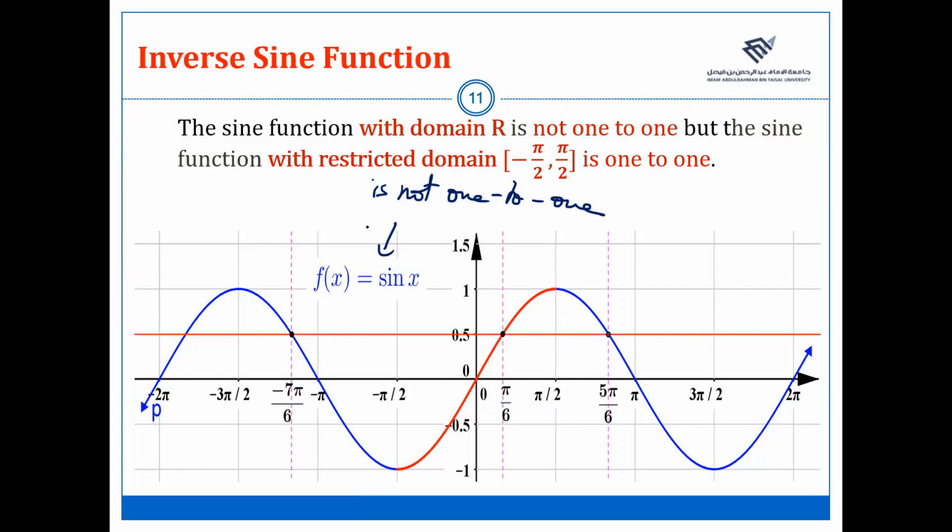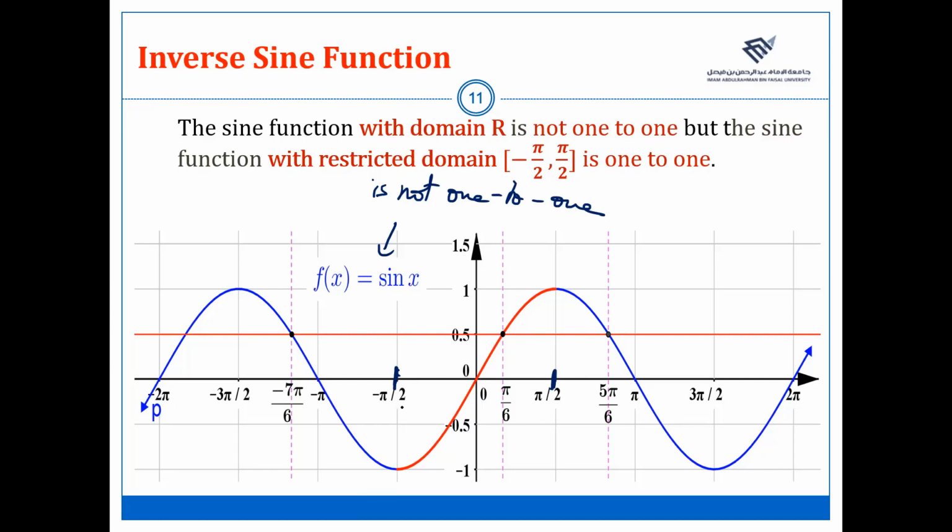So what do we do? The same as what we said about cosine. Here we'll consider this piece in red. But where do we work? For cosine we worked on [0, pi]. For sine, where do we work? From minus pi over 2 to pi over 2. Why didn't we take the same as cosine, from 0 to pi? If we take 0 to pi, it will not be 1-to-1. So we take a piece where the restriction is 1-to-1.